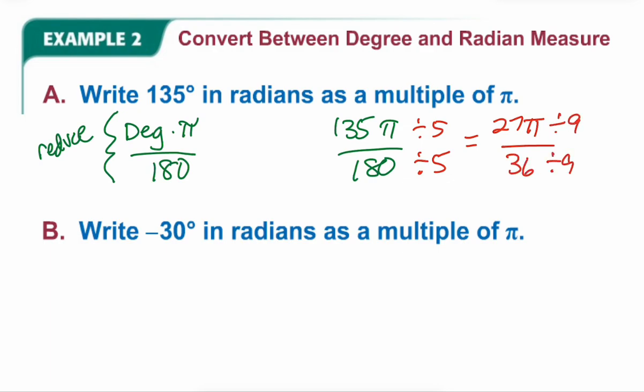But no matter how you slice it, you need to get it reduced down as much as possible, and that's your answer. You're going to leave the pi in the problem. That's what they mean by write it as a multiple of pi.